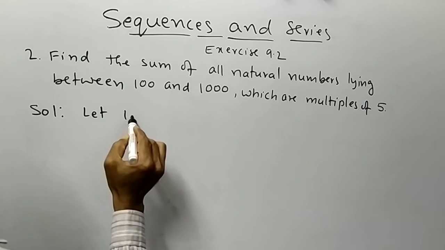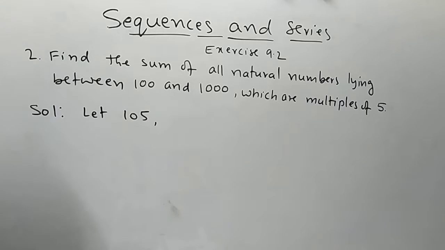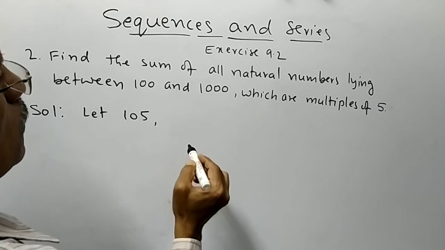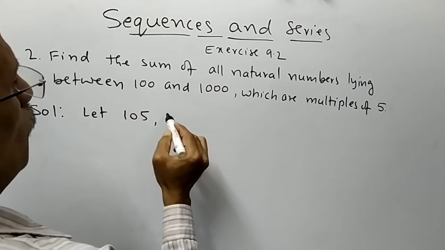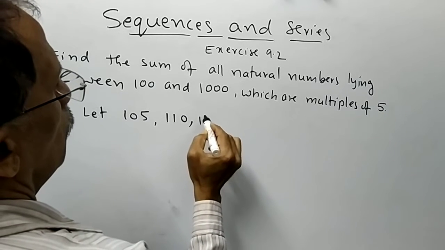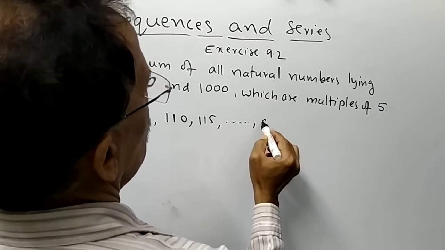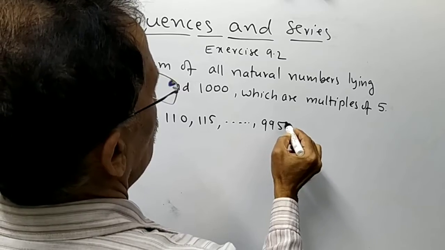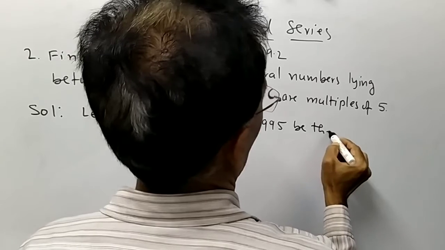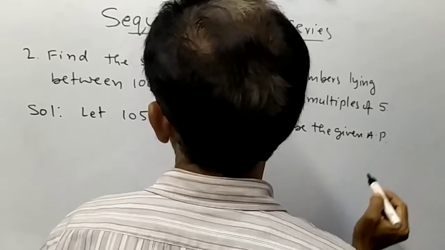Let the first number be 105, which is divisible by 5 and also between 100 and 1000. 105, 110, 115, dash dash dash, 995 be the given AP.